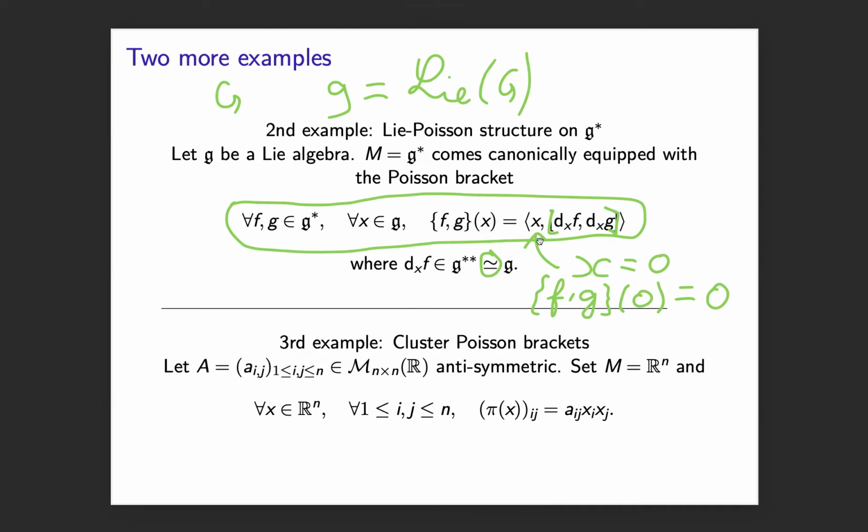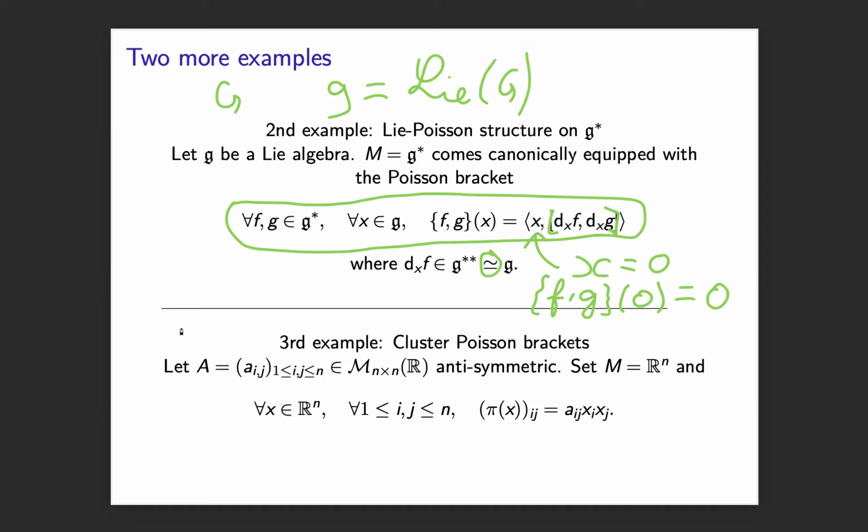Still, you may see that f bracket g at 0 is equal to 0, but this vanishes in a linear way, so kind of very gently at 0. So this zero of the Poisson bracket is, you may say, of order 1.